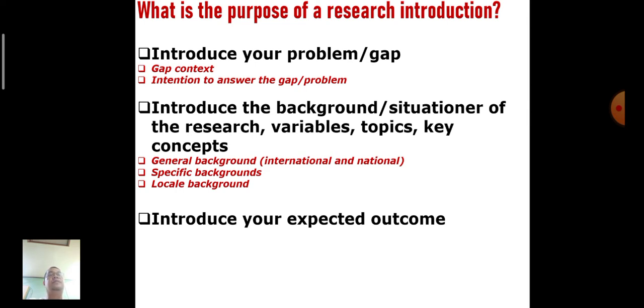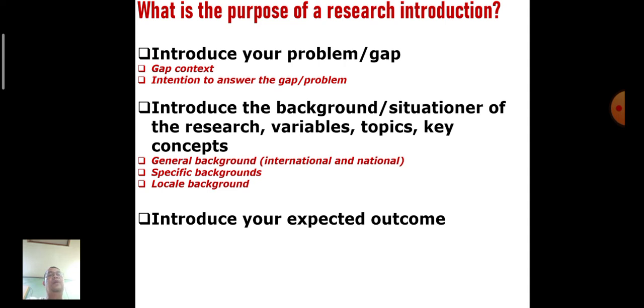In terms of gap context, you will describe to us what the problem is right away. Right away, what is the research problem? Why is it something that needs research to address it? Then the second part of introducing your problem or gap is what is your intention to answer the gap or problem? So you have to express that. We will have examples later on.